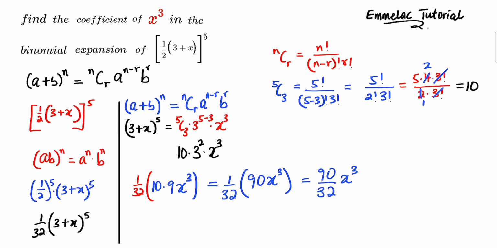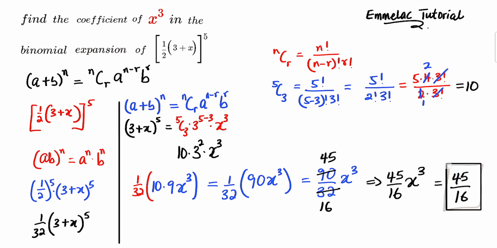You can just simplify: dividing by 2, here you have 16, and here we have 45. Is there another number that can go through? No. So we have 45 over 16, then x raised to 3. So the coefficient in this case is 45 over 16 as the final answer.